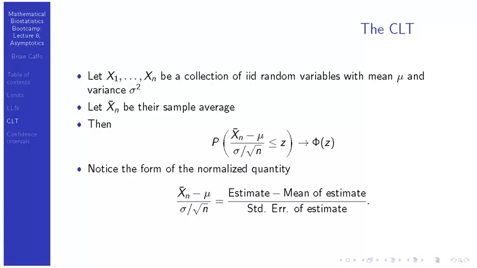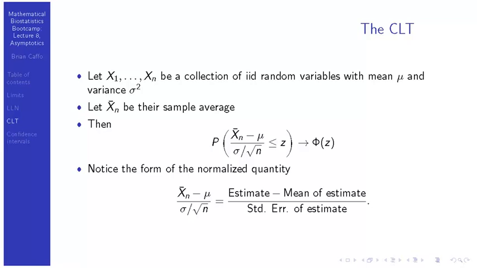Okay, so what does this say? This basically says that probabilities associated with sample means look like probabilities associated with normals. If you standardize the sample mean so that it has mean 0 and variance 1, then the probabilities look like standard normal probabilities. I wanted to reiterate the form of this normalized quantity: it's an estimate, minus the population mean of the estimate, divided by the standard error.